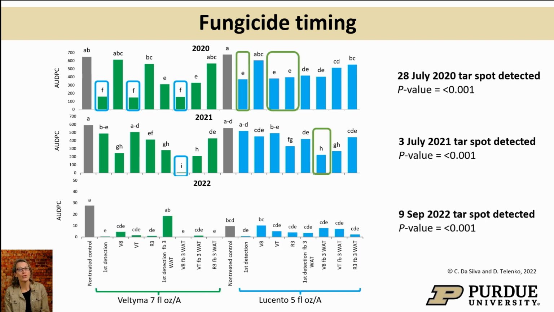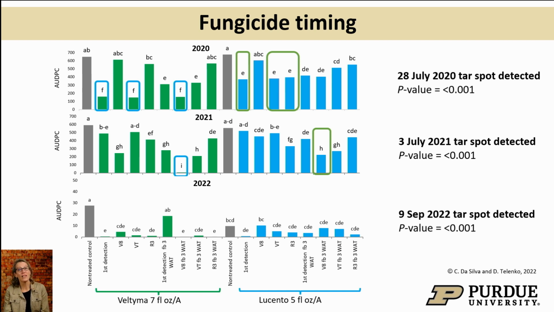And then when we come to 2022, where tar spot was detected so late during the growing season, the 9th of September, at the first detection, that was the best time to apply the fungicide for both products. And also that V8 by 3 weeks after treatment is also doing well.